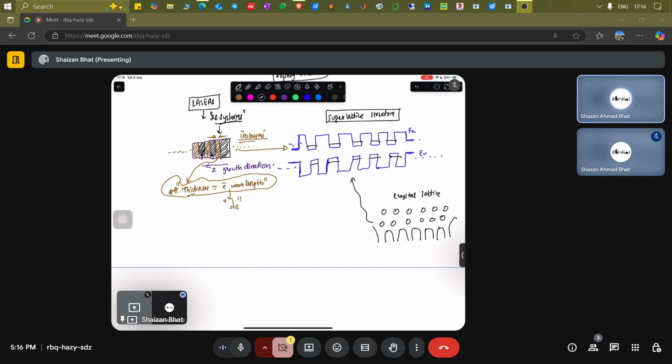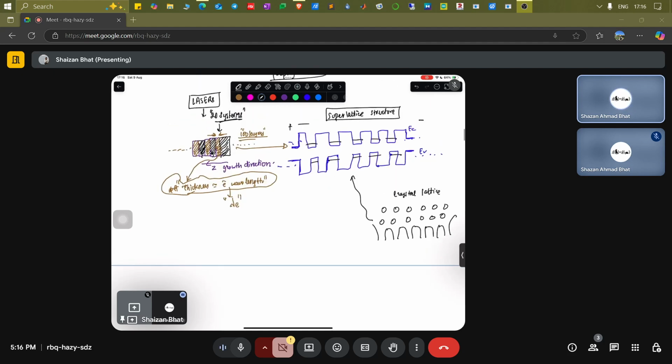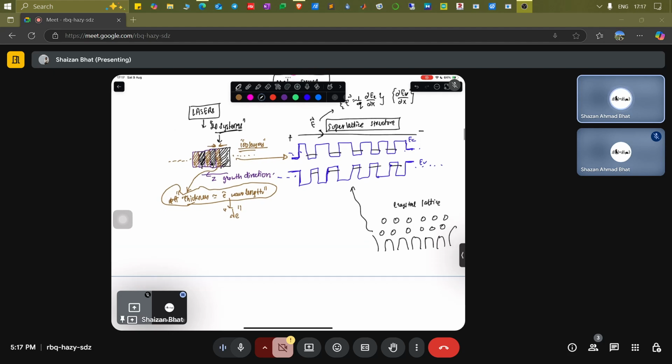Now what happens if, for example, you apply a certain bias, let's say positive here, negative here? All of the bands are going to bend because the electric field is going to be in this direction. You know the electric field can be written as minus 1 over q times the slope of the conduction band with respect to x, or the slope of the valence band with respect to x, basically the slope of the energy with respect to x.